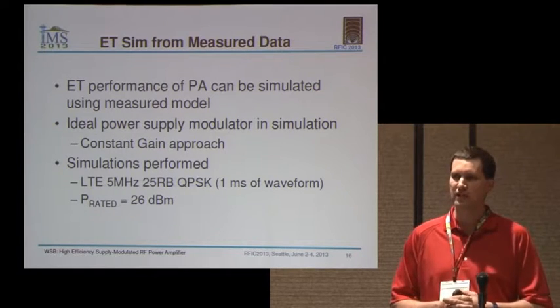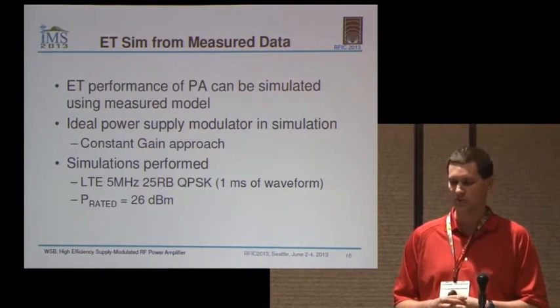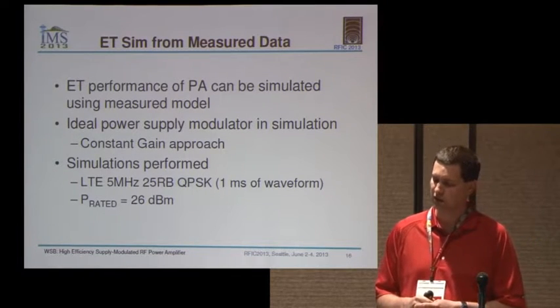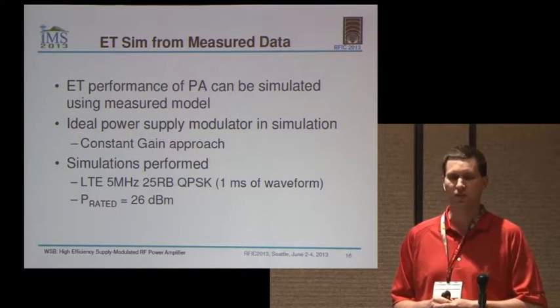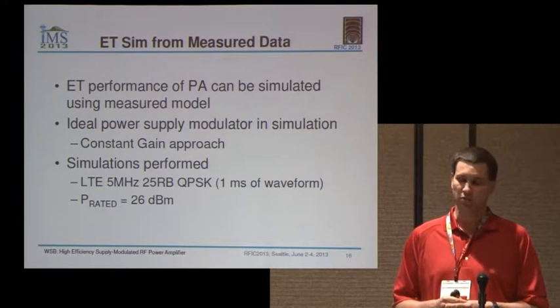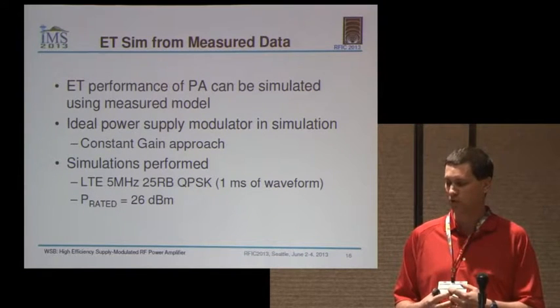To develop the data a little bit further, we collected a measured model of the PA and formed a static behavior model, and used that static behavior model in simulation to simulate the envelope tracking performance with these constant gain lookup table approaches. The simulation that we implemented was mainly targeted at evaluating PA performance.